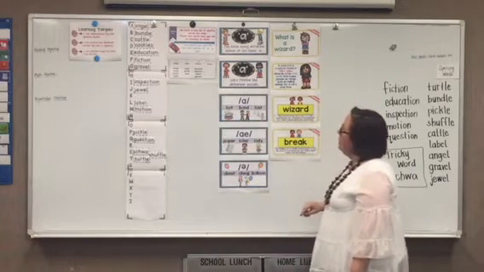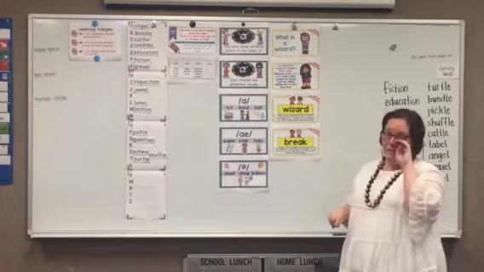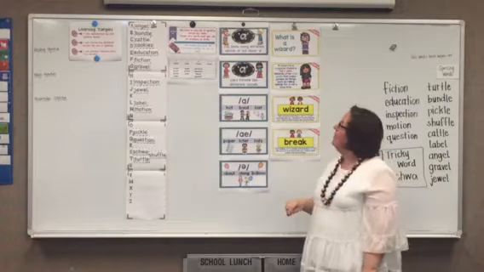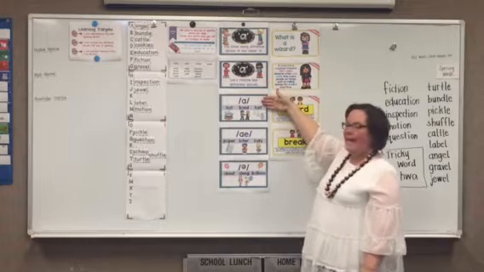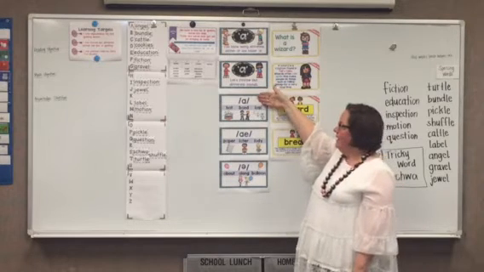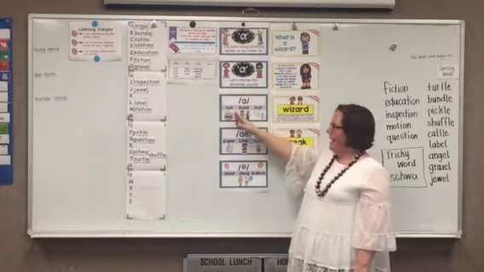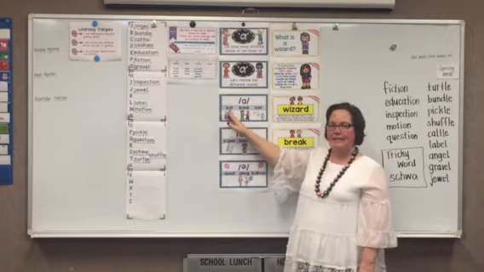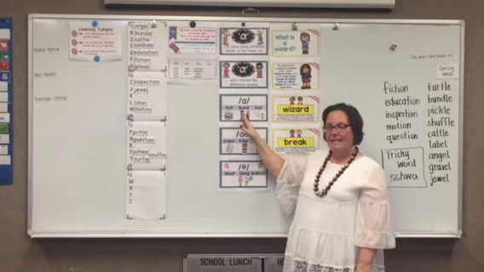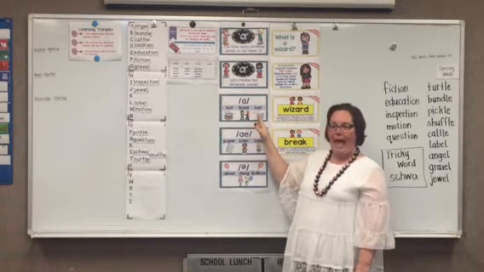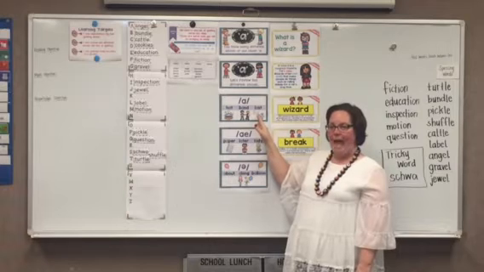Okay, the next thing we're going to talk about is the tricky A. Okay, the tricky A, we're going to talk about its sounds. The first one is just the A as in hat. Hat. Band. Last.